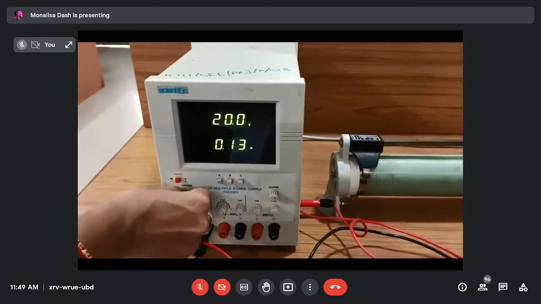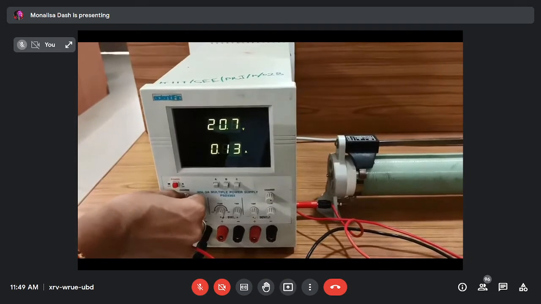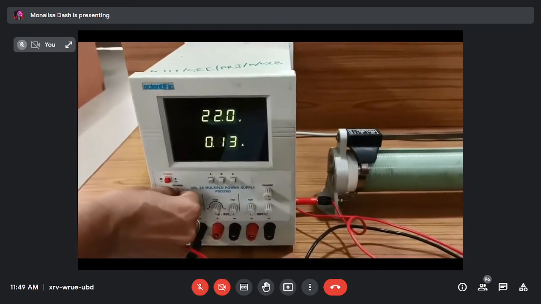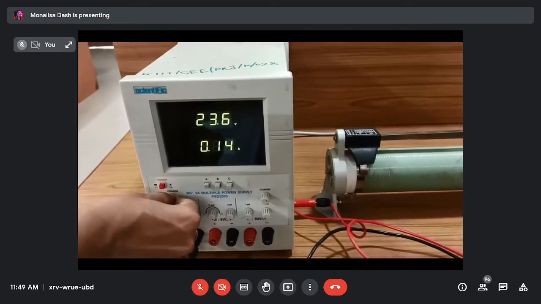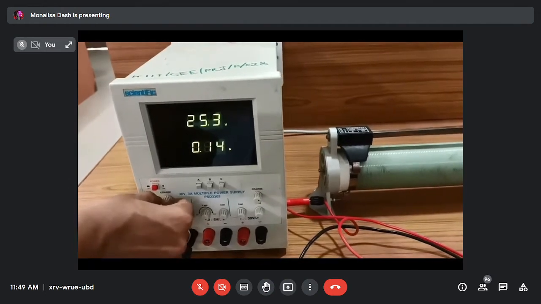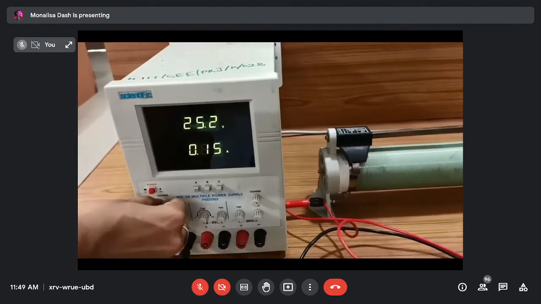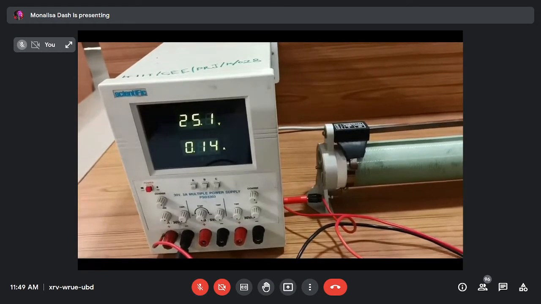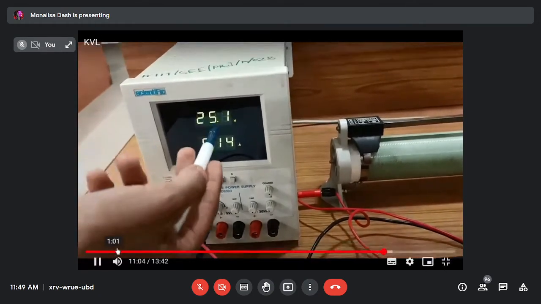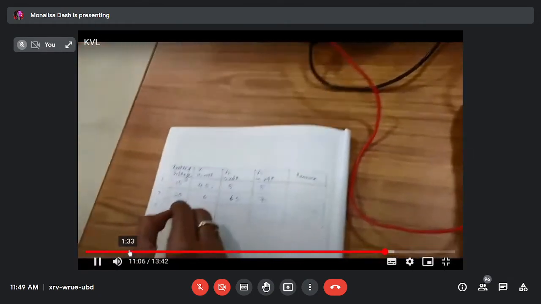Then we will go for the next reading. This is 25 volt. Slowly we will increase. Okay, approximately this is 25.1. We will take 25 here.